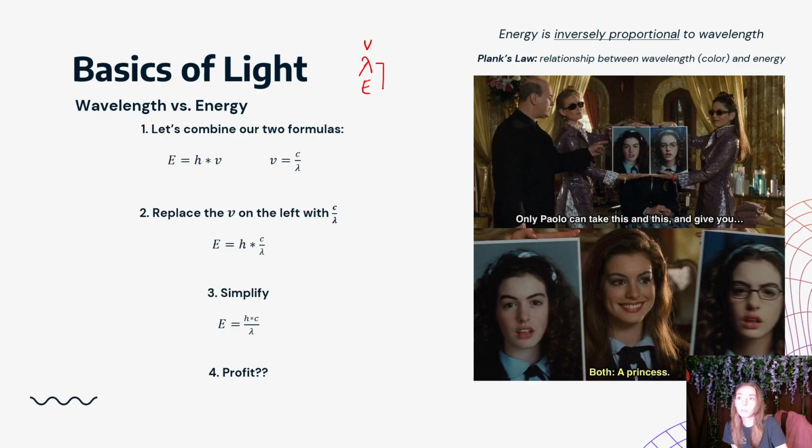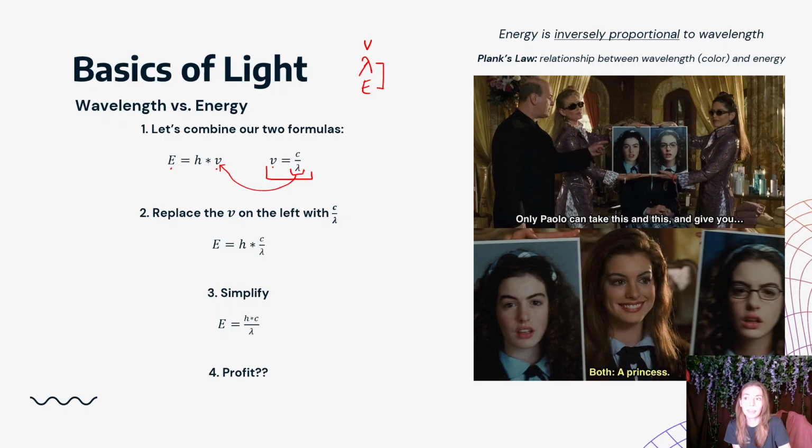What is the relationship between these two things? Well, as we said earlier, frequency is inversely proportional to wavelength, but it is directly proportional to energy. We have two formulas that we have already been over, so we can take the formula for what frequency equals, and we can plug this value into the formula for energy as it relates to frequency.